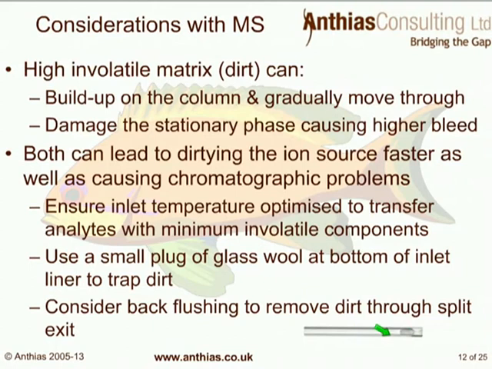It's quite useful as it is very good at trapping dirt and reducing the likelihood of it transferring onto the column. We could also choose to do backflushing. With backflushing, we reverse the flow through the column and therefore remove dirt through the split exit.